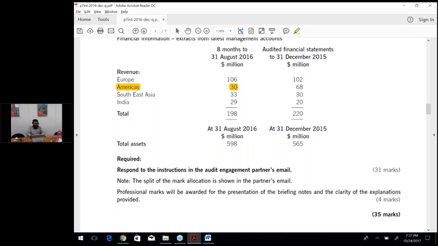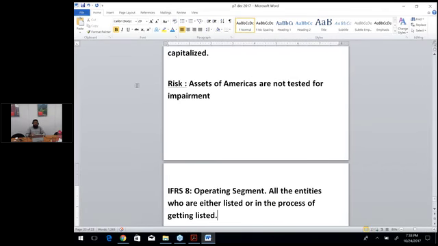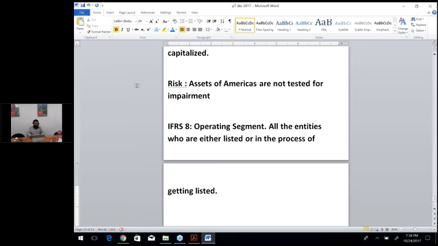Yes. Basically, IFRS 8 operating segments. It applies to all the entities who are either listed or in the process of being listed. All those entities who are listed or in the process of getting listed have to apply IFRS 8 operating segments.